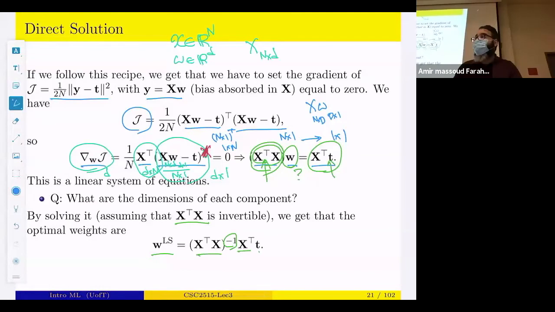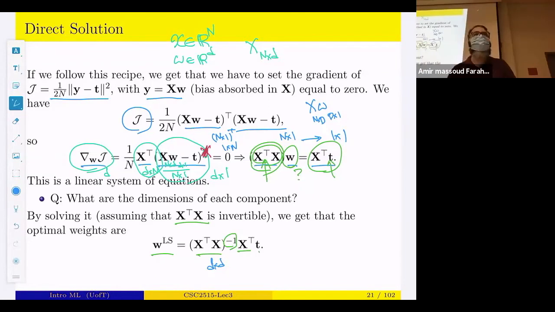Actually, speaking of checking dimensions, what are the dimensions of each of these components here? What's the dimension of x transpose x? Right, yes, it's d by d, so we take the inverse of it.